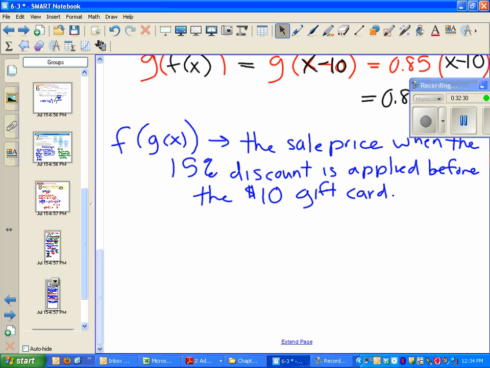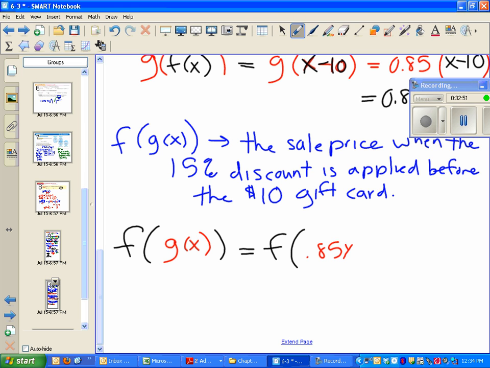All right, so we're going to take f and compose it with g of x. And g of x is equal to 0.85x.